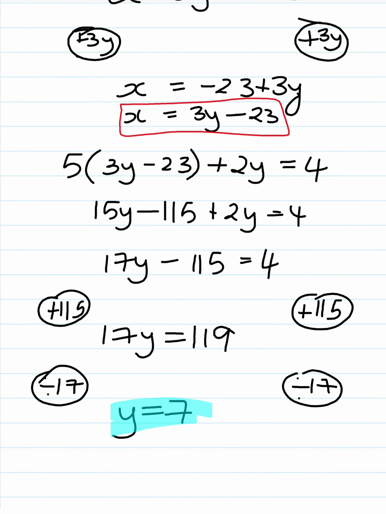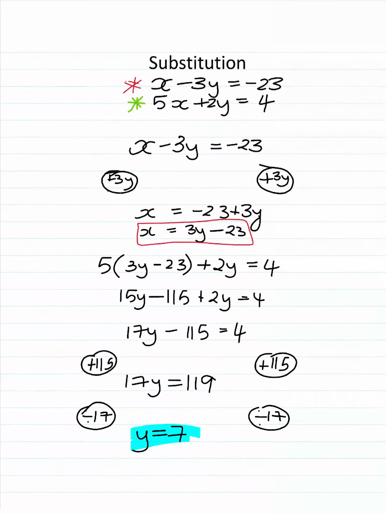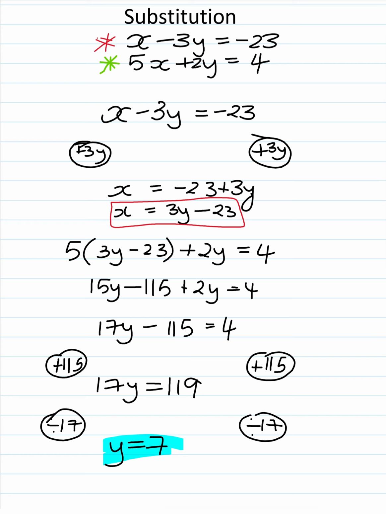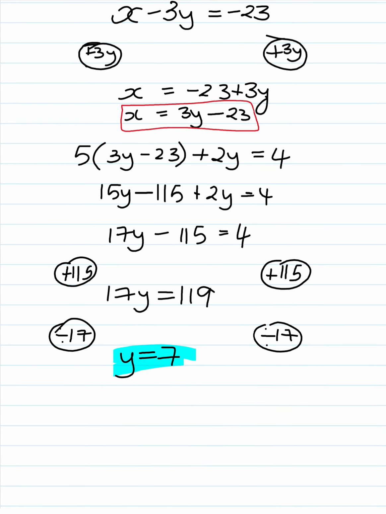Now that we've got our value for y, we can substitute it in any of the three equations, whether it be the first, the second, or the one we calculated for x. To make it easier, because x is on its own in the equation in the red box, let's substitute our value for y into there to get a value for x.